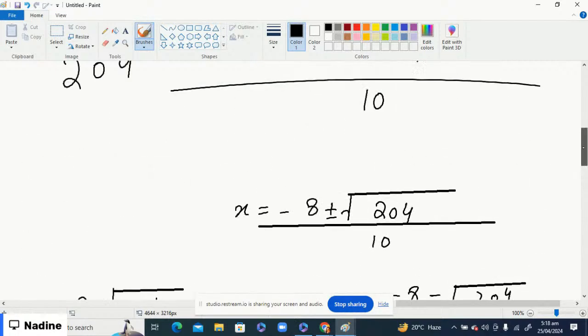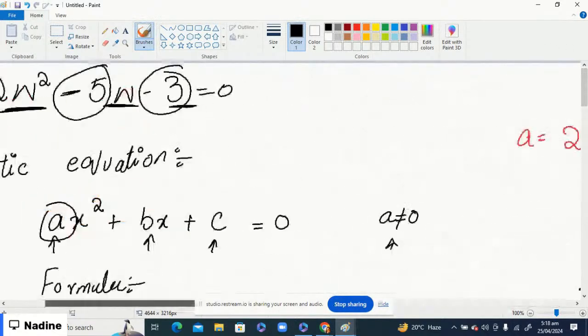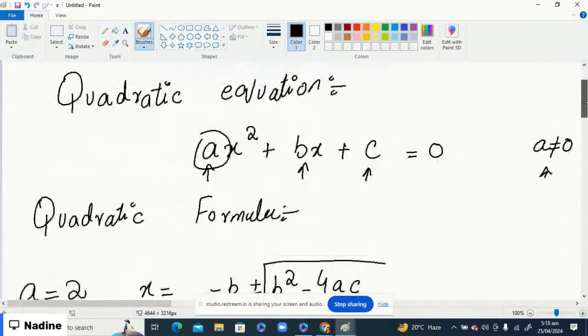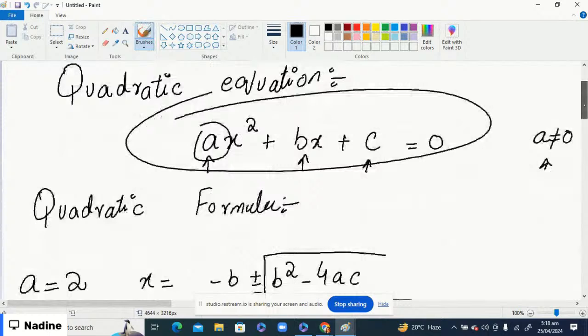So this is the quadratic formula, and here are the quadratic equations that we have done. Okay, this is the quadratic equation. I'm going to repeat this one. This is in the form of ax square plus bx plus c, where a, b, c are the coefficients, like known numbers, sometimes maybe 1, 2, 3 and so on. And for the x, this is just a replacement of t, any alphabet you are using, and these are unknown.